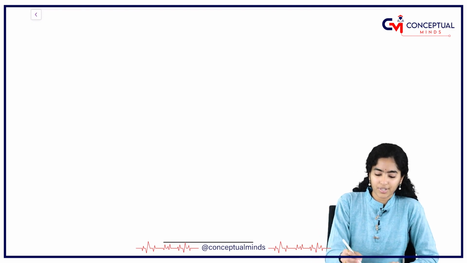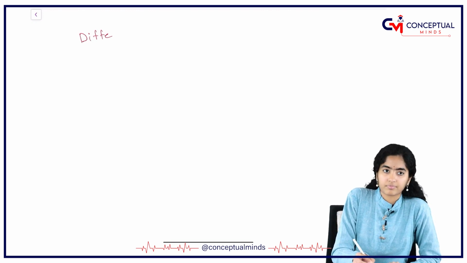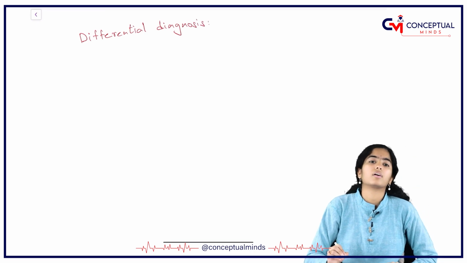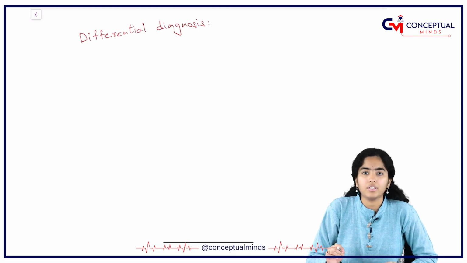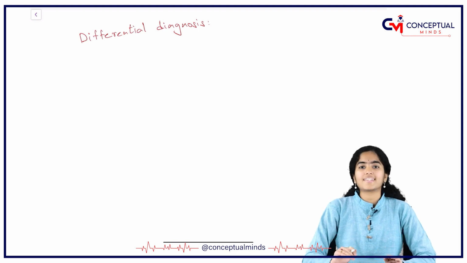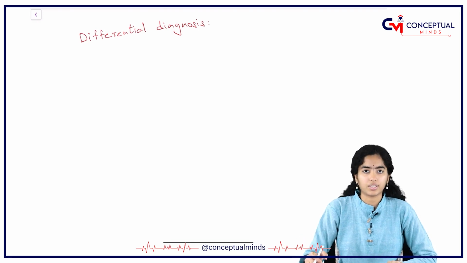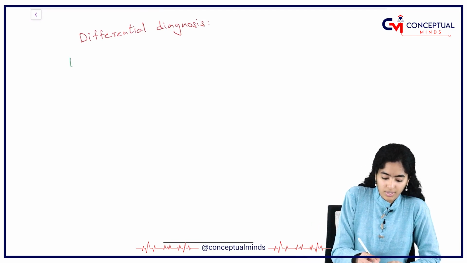But there are some differentials to be considered, and they are other causes of conductive type of hearing loss. Because in our investigations, what we mainly observe are features of conductive hearing loss, and there are other reasons possible for conductive hearing loss. So what are the differentials based on this?